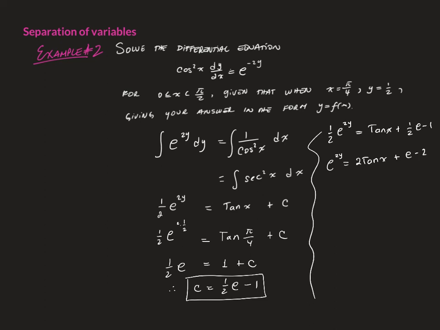And now I'm going to do natural logarithm on both sides. So ln e to the power 2y is equal to ln of 2 tangent x plus e minus 2. Now natural logarithm and the exponential are inverse functions, so they would mutually cancel, and we get just 2y equals the same thing that we have above.